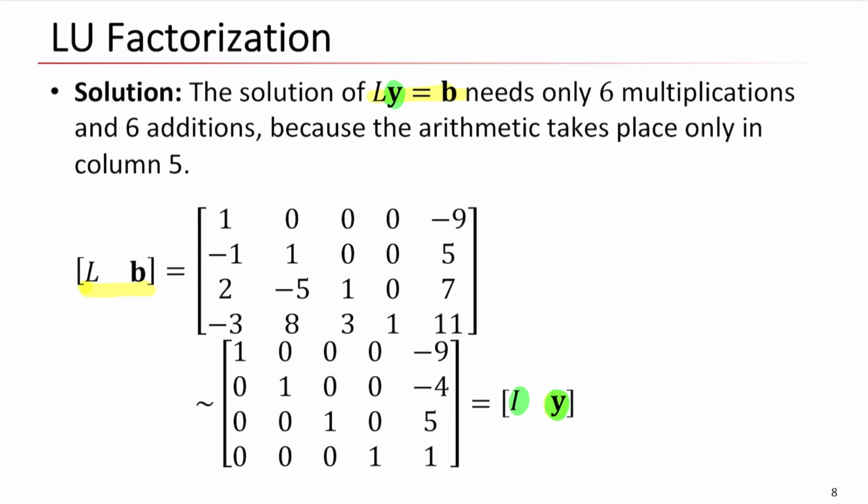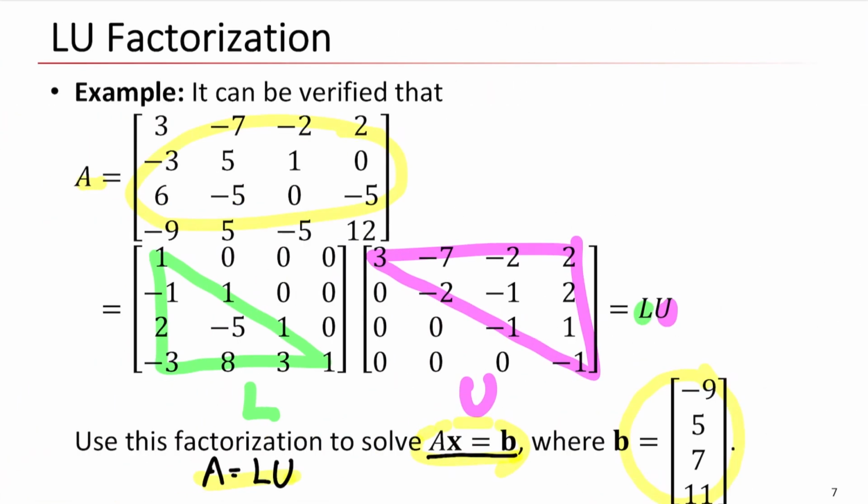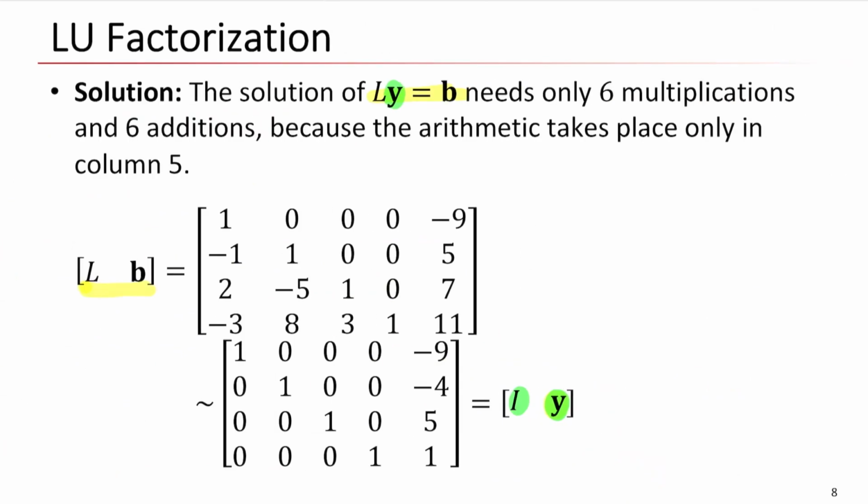In other words, this matrix L has the identity matrix as its reduced echelon form. If you go back to last week's lecture, this is the identity matrix, right? The identity matrix as a reduced echelon form.